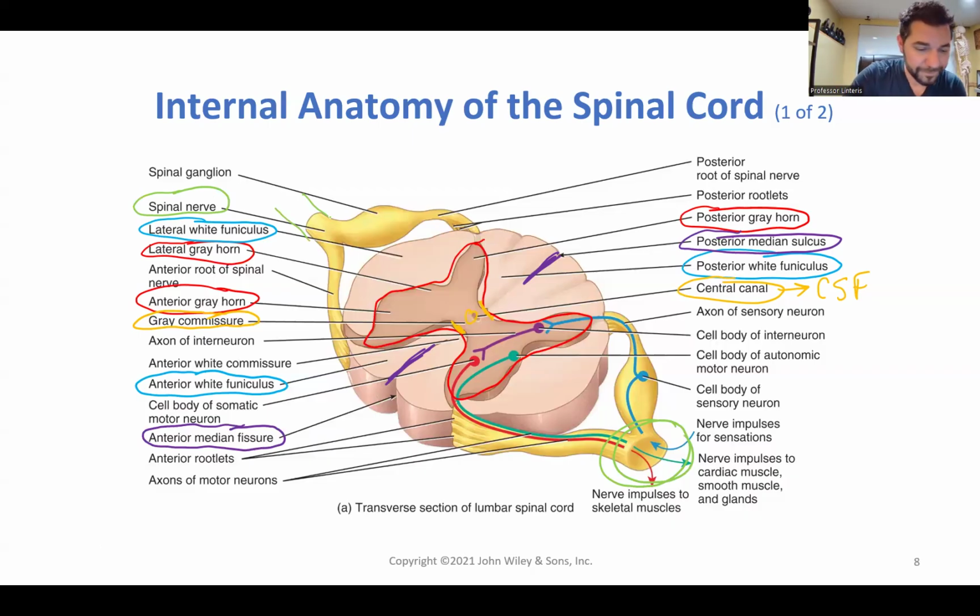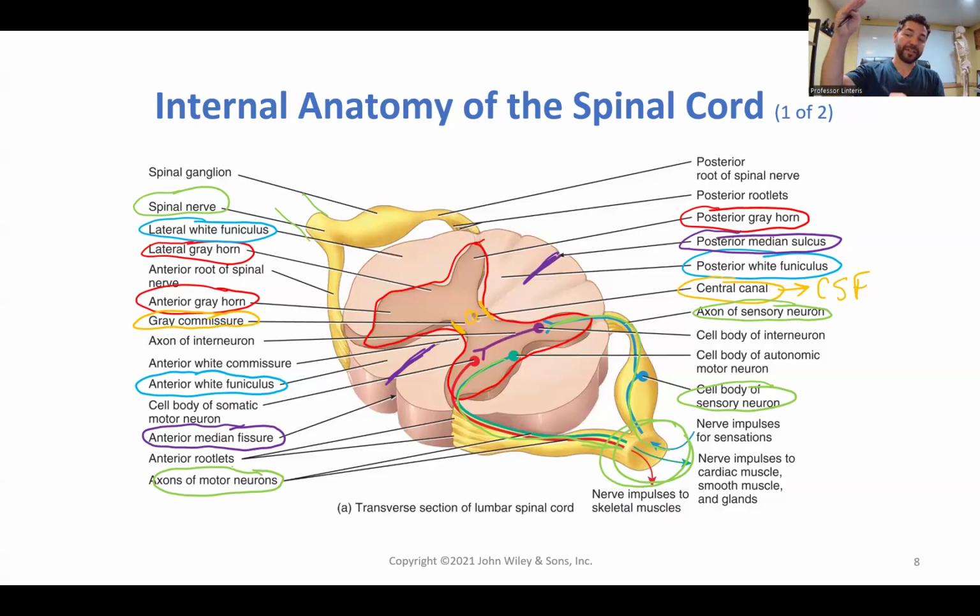But this is where we can see the presence, the back of the spinal cord carries our sensory neurons. Exiting from the front of the spinal cord carries our motor neurons. So that spinal nerve carries both sensory and motor.